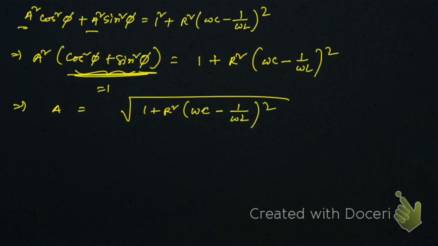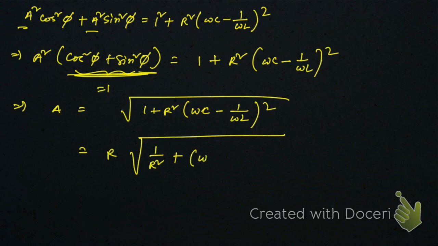This is the value of a, right? And taking R square common, outside the root it will be R, so here 1 by R square plus omega c minus 1 by omega L whole square. That's what you will get. This is the value of a.